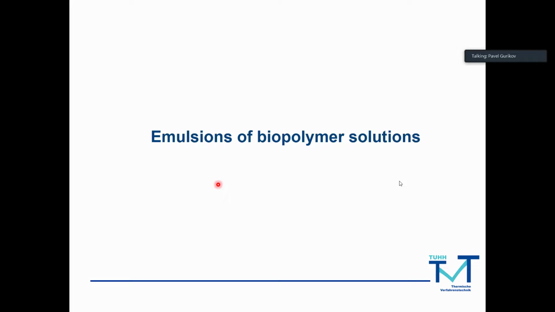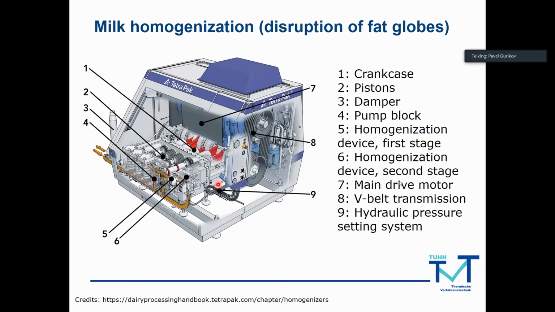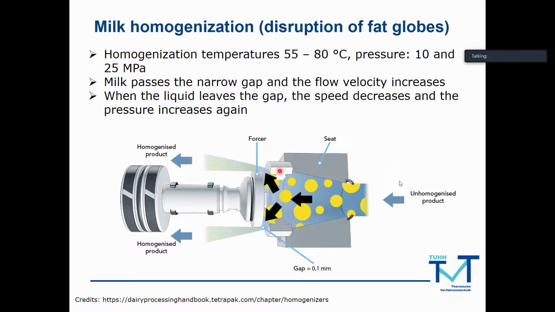What I want to discuss with you and what I want to give you an idea about is, if you want to apply energy to a certain amount of liquid, you can think about concentrating this energy in a very, very small gap. And by doing so, you will get very, very small particles.